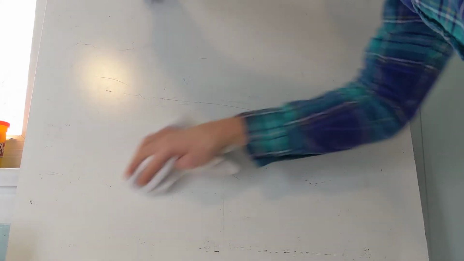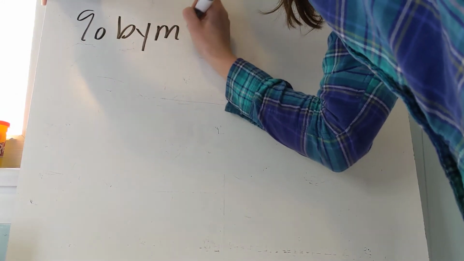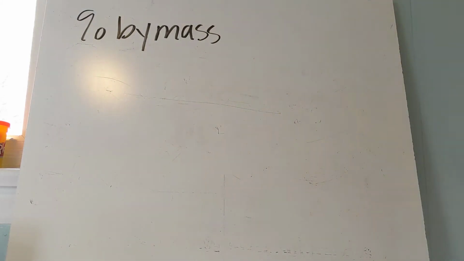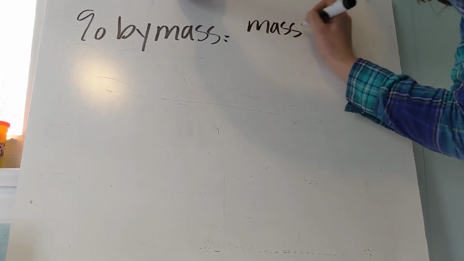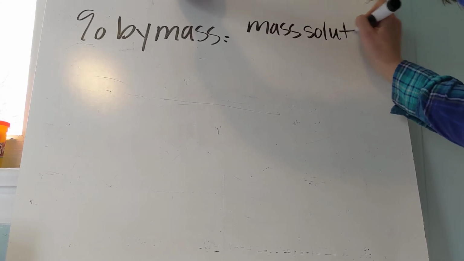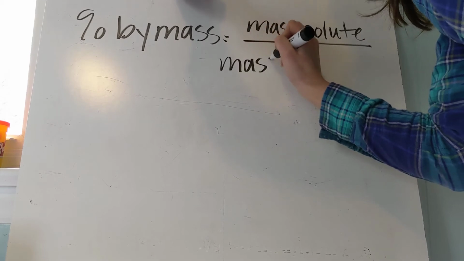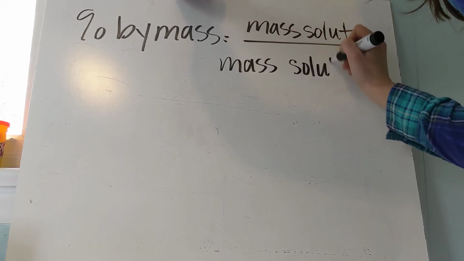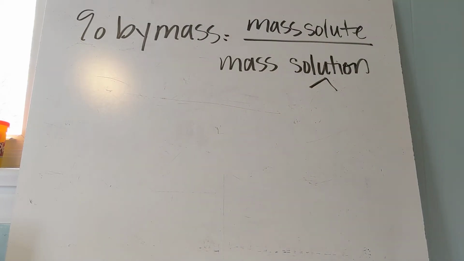So again, the first 2 ways that we're going to use to measure concentration are going to be percent by mass and percent by volume. So percent by mass, if we have percent by mass, the part of what we are measuring is going to be the solute. So we're going to have the mass of the solute divided by the mass of the solution, remembering that our solution is made up of 2 parts.